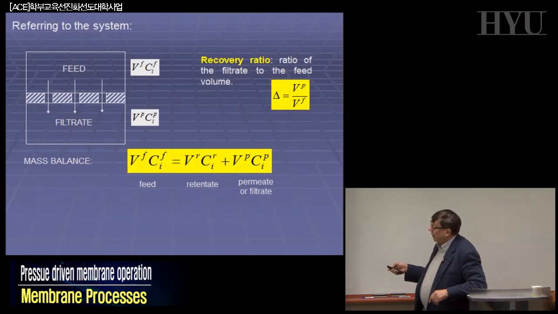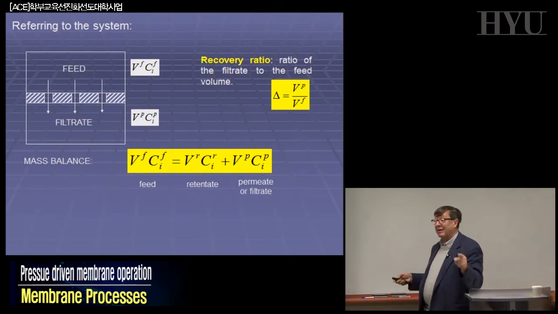Obviously, in every membrane operation, if you want to be sure that everything is going okay, mass balance has to be very well respected, and we'll see in some cases also electroneutrality if the membranes are charged. But in this case, no problem, only mass balance.